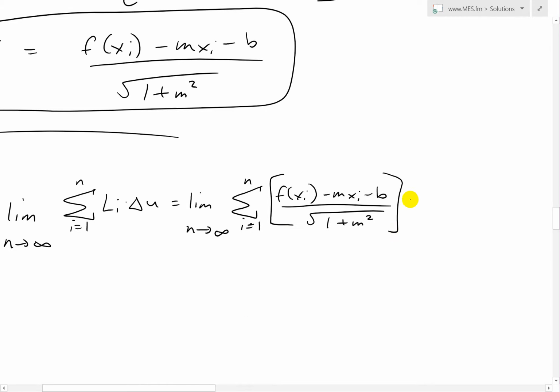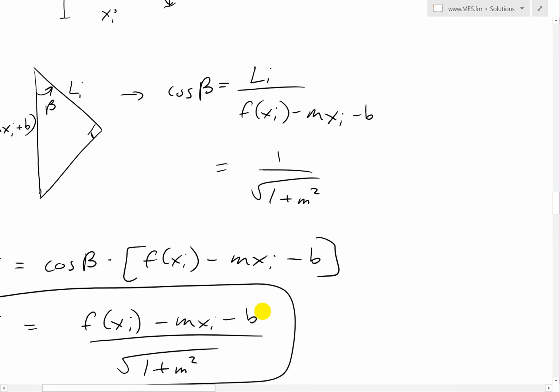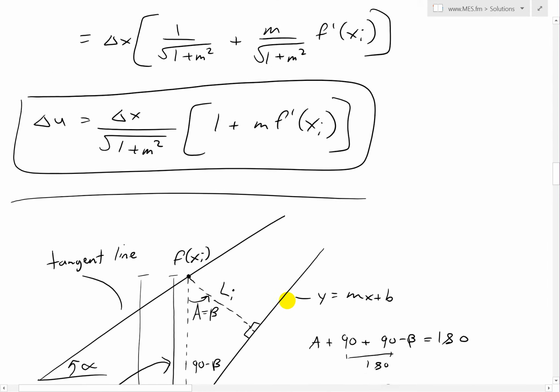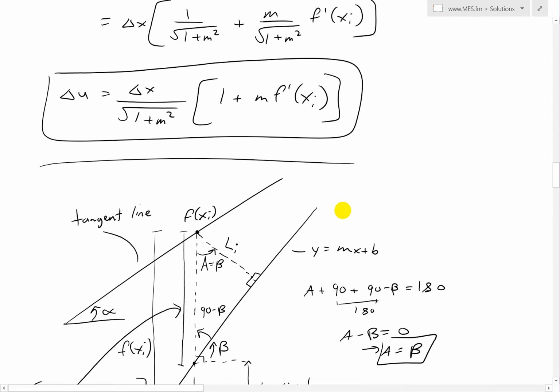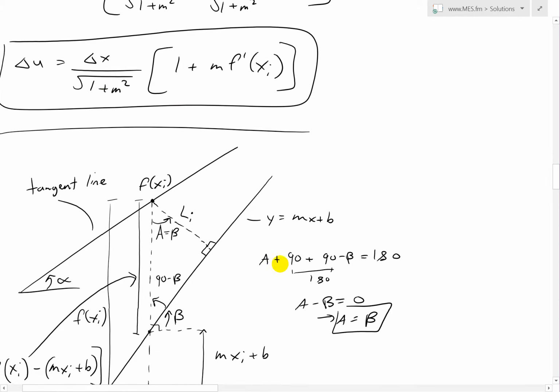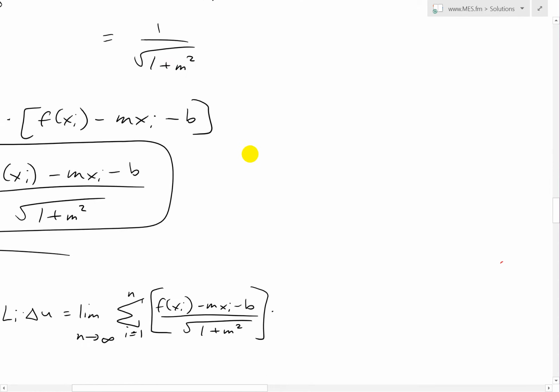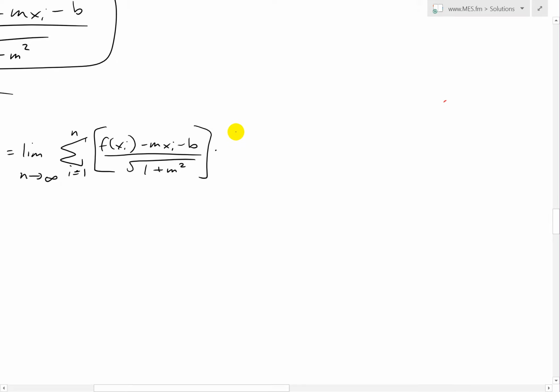And then we multiply this by delta u, which, let's scroll back up, is delta x times 1 plus m f prime of xi, divided by the square root of 1 plus m squared, and then we have the delta x.